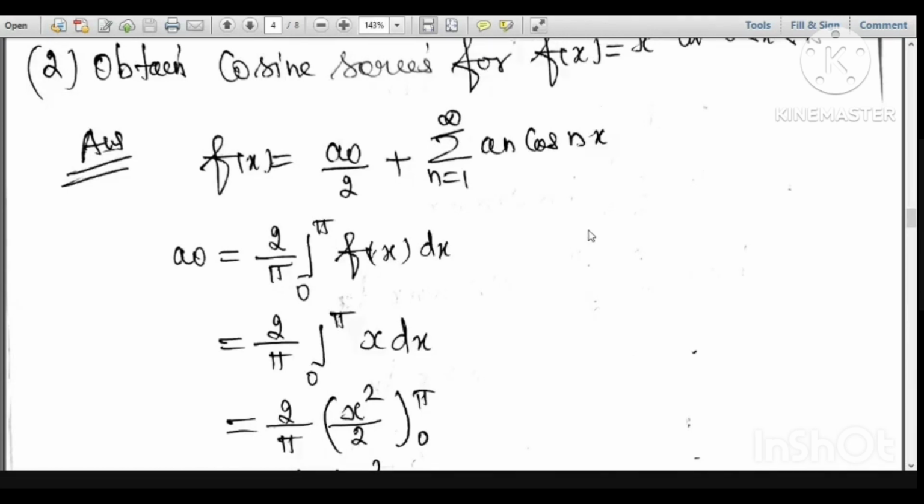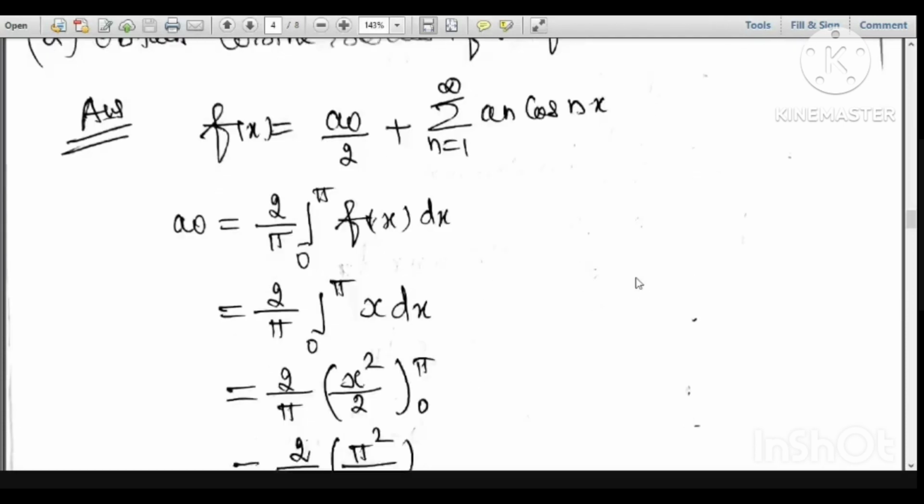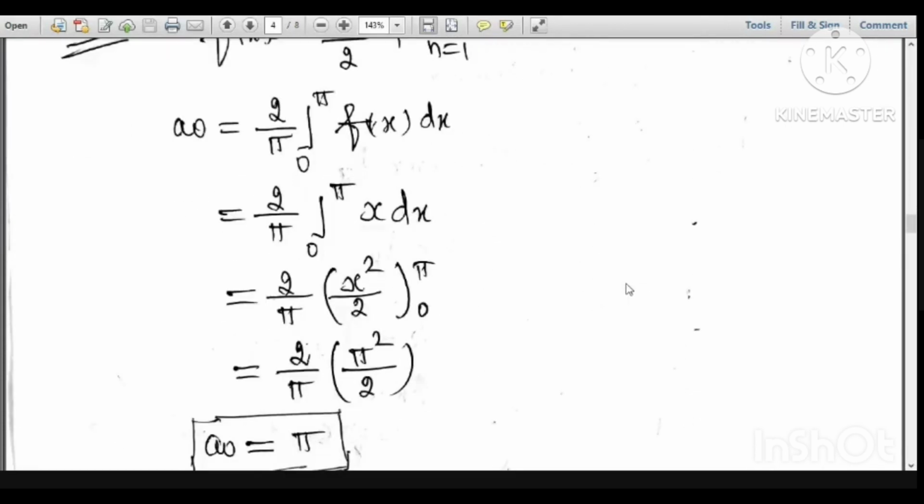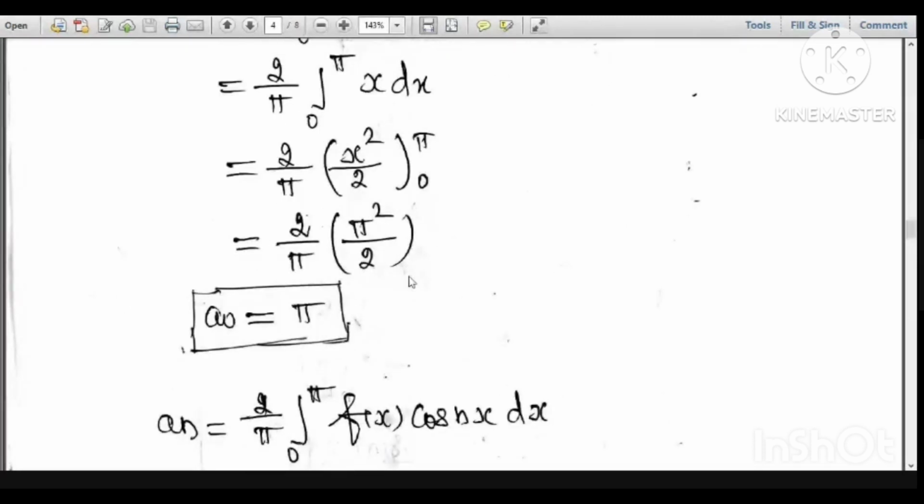So a naught is equal to 2 divided by pi integral over the limit 0 to pi f of x dx, which is equal to 2 divided by pi integral over the limit 0 to pi x dx. Integrating x gives x square by 2, so 2 divided by pi, x square by 2, the limit is 0 to pi. So 2 divided by pi square divided by 2. So 2 cancels, pi square divided by pi will be pi. So a naught is equal to pi.